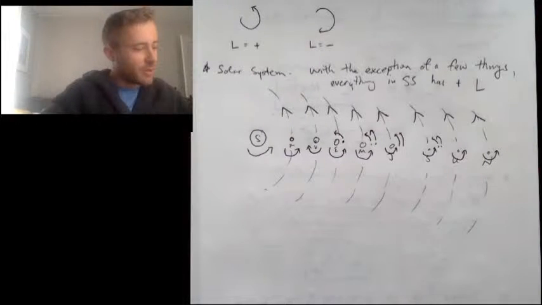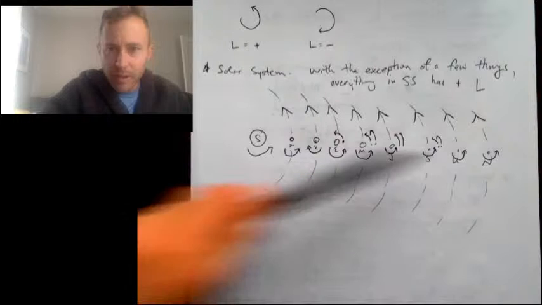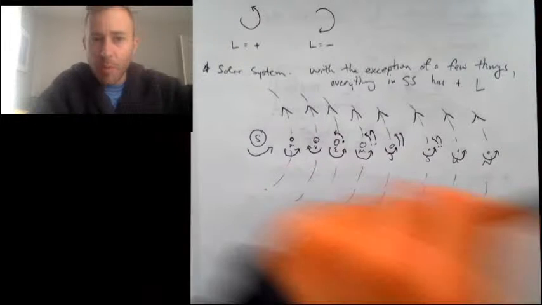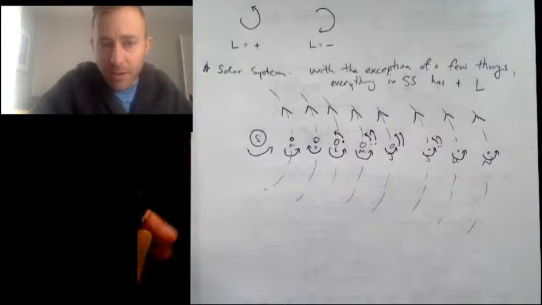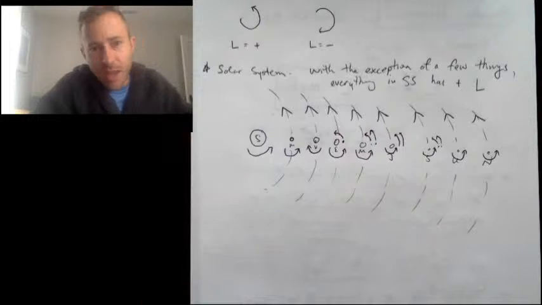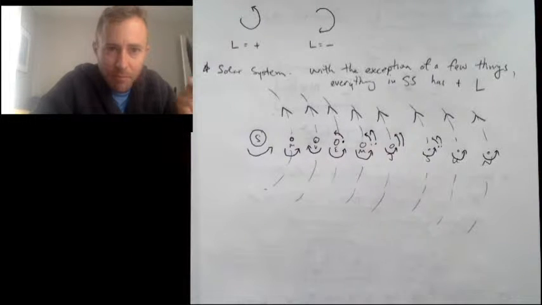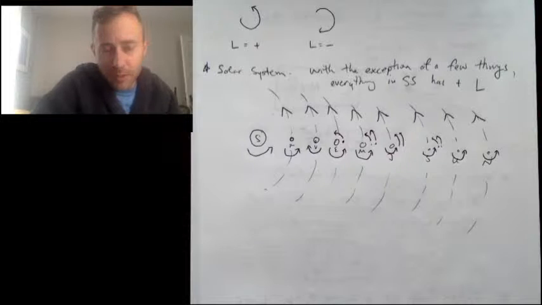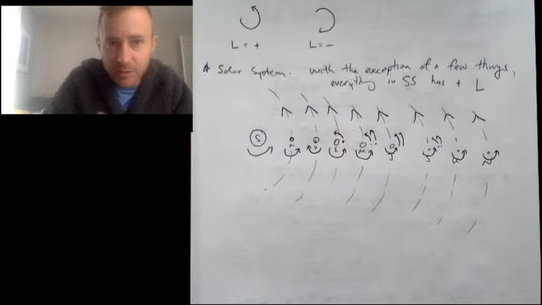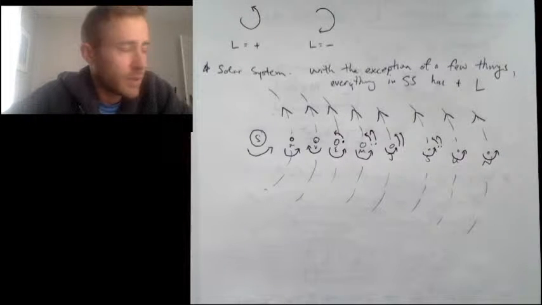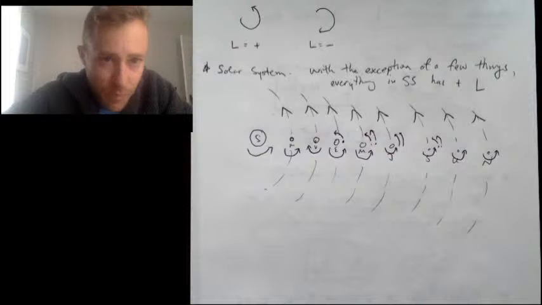So basically, the fact that everything has positive angular momentum is evidence for the fact that everything came from the same origin. Okay? That's one piece of evidence. And then we could also look at compositions and things like that to further deduce that.